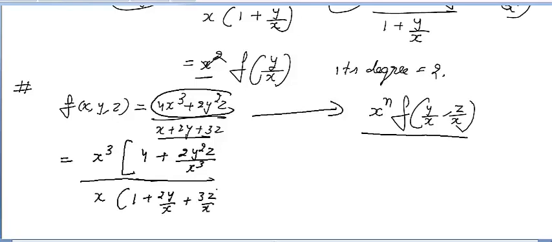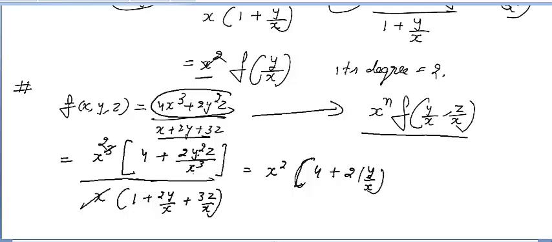Very interesting is the next step. This x is cancelled out, and you are getting x square. Now you are getting 4 plus 2, and now, students, y square, you have x cube, you can take 2 x's with y square, and 1 x is still left, so you can write z over x.